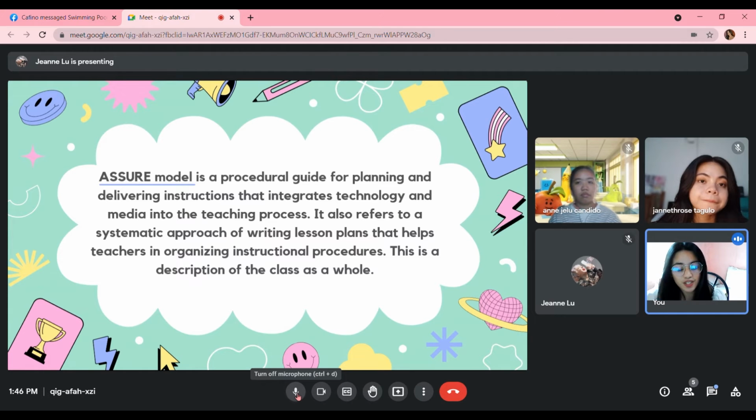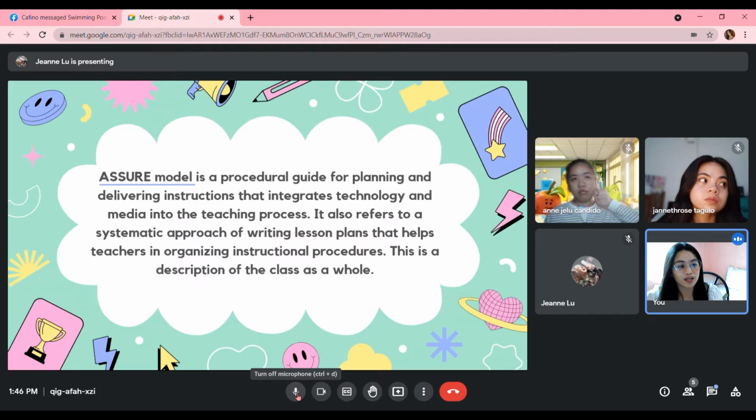This just means that in this instructional model of lesson planning, technology is used as a tool to help teachers deliver their lesson in a more effective and efficient way to students. This also refers to a systematic approach of writing lesson plans.